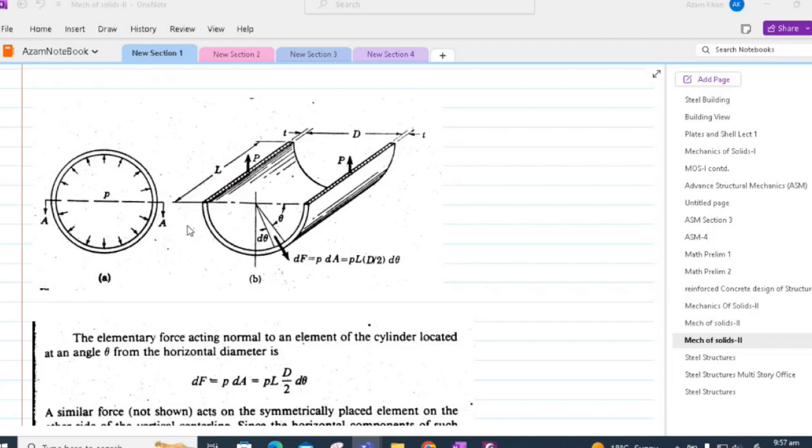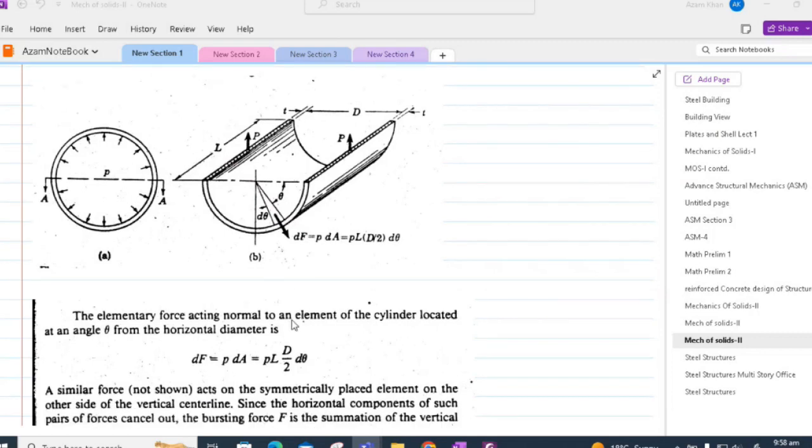Thus, we would be left with the vertical components of the differential force dF. The vertical component of the dF will be p L d/2 dθ times sine theta, keeping in mind that theta is the angle of this differential area with respect to the horizontal axis.